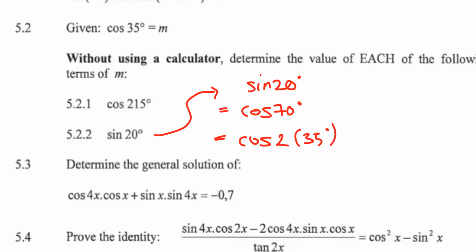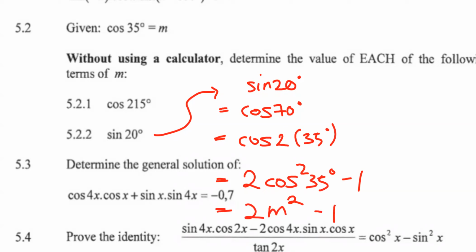So we're going to use the double angle, 2 cos squared 35 degrees minus 1. And since cos of 35 is m, we can just say 2m squared minus 1. How'd you like that? Nice and easy. Cool.